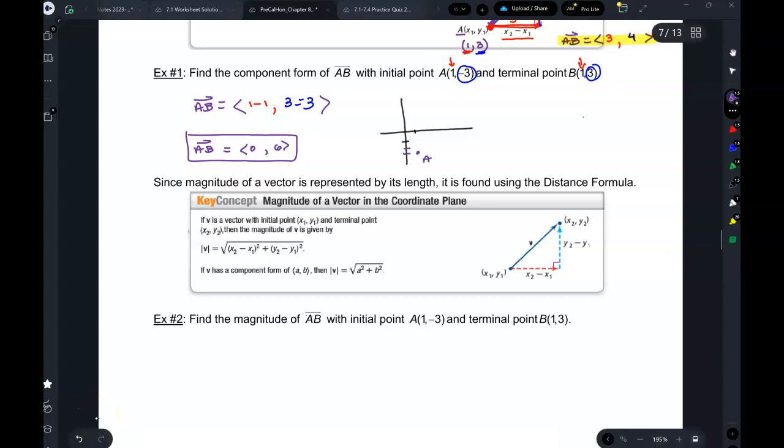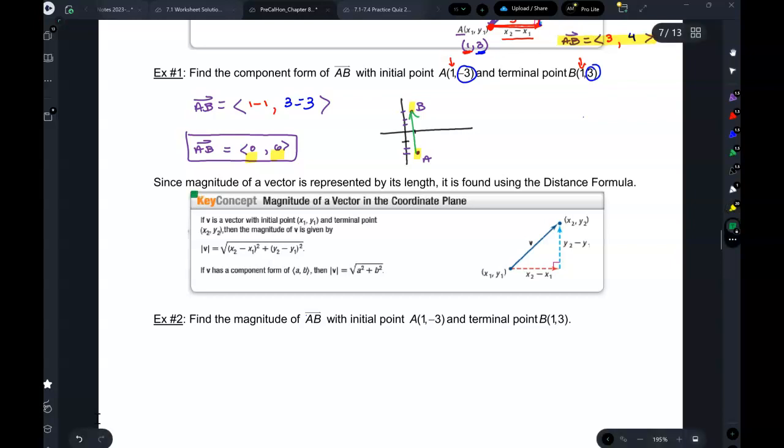That's point A. And then the other one is (1, 3), point B. So if I were to draw this vector from A to B, it would point that way, right? So is <0, 6> an accurate representation of this vector? It definitely is, because if I start from the initial point A, how do I get to the terminal point? Well, I go 0 units horizontally, 6 units vertically, and that's exactly where the terminal point lies. Okay?